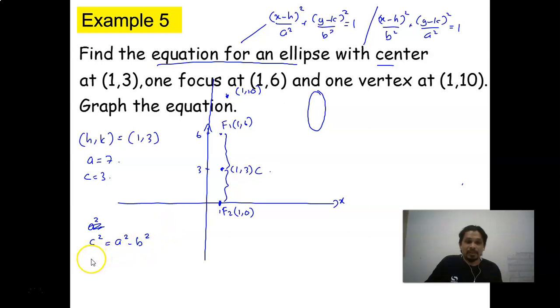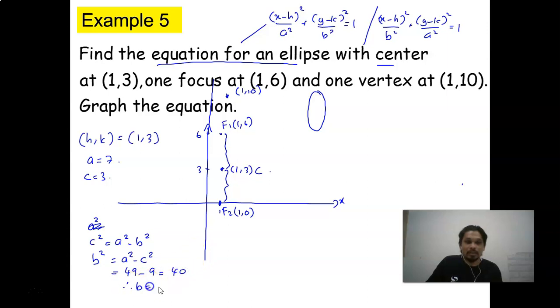Bring the negative b squared to the left side and c squared to the other side. So b squared equals a squared minus c squared, which is 49 minus 3 squared, which is 9. 49 minus 9 equals 40.